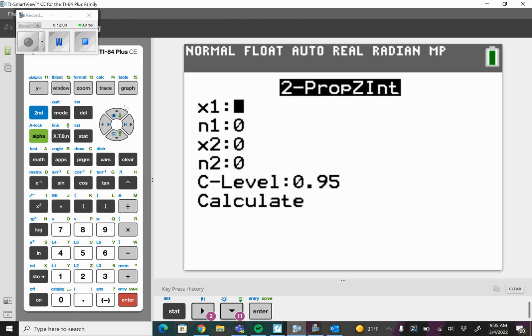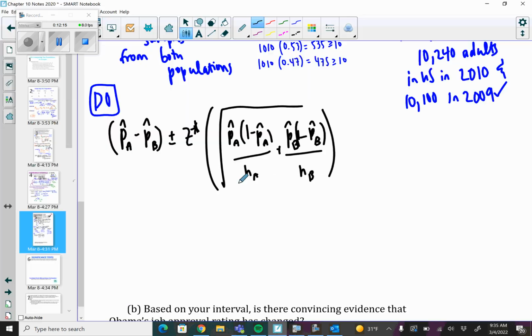And we have to plug in a lot of information: X1, N1, X2, N2. If you recall, p hat is equal to X1 over N1.